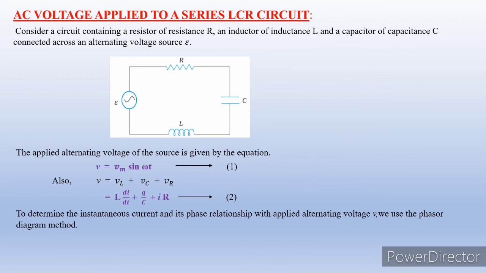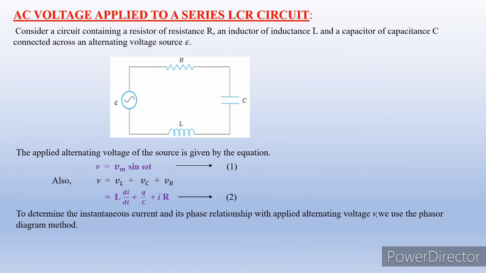On the left side is the source of EMF E, and it is connected to a series combination of resistor R, capacitor C, and inductor L. Consider a circuit containing a resistor of resistance R, an inductor of inductance L, and a capacitor of capacitance C connected across an alternating voltage source E.